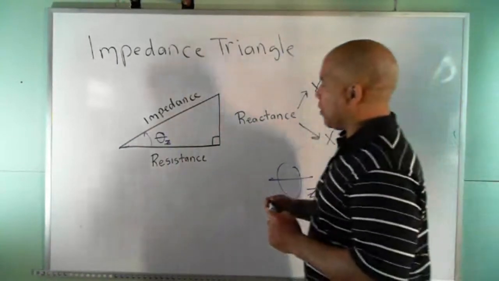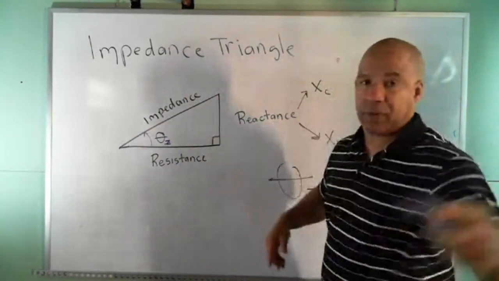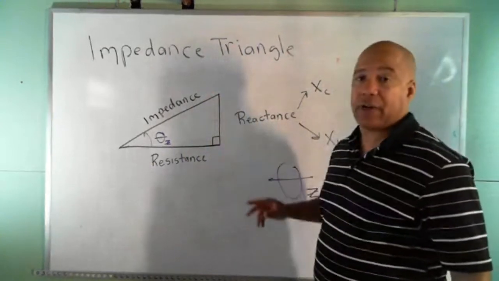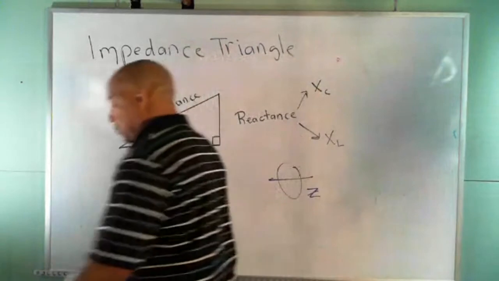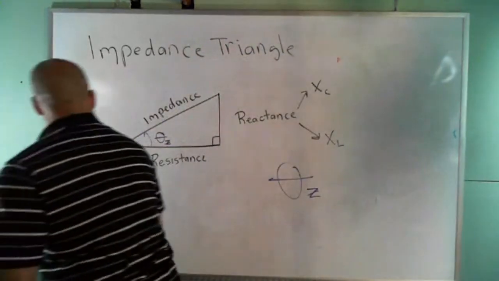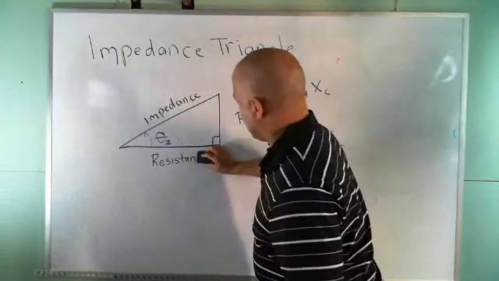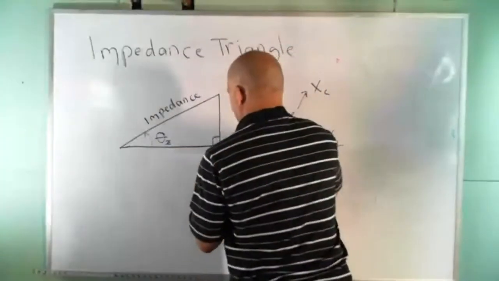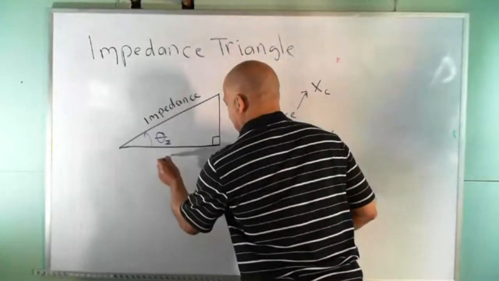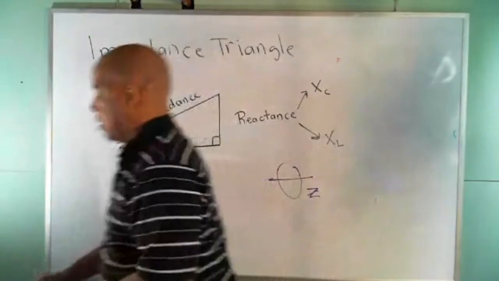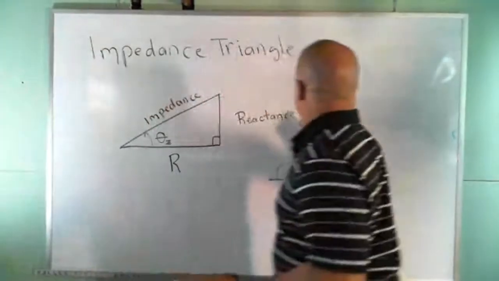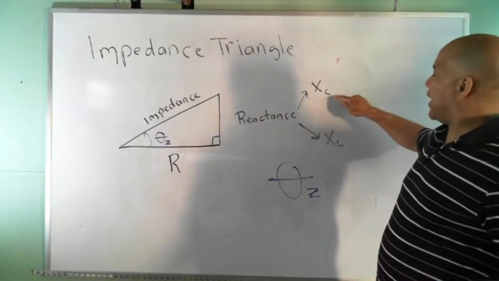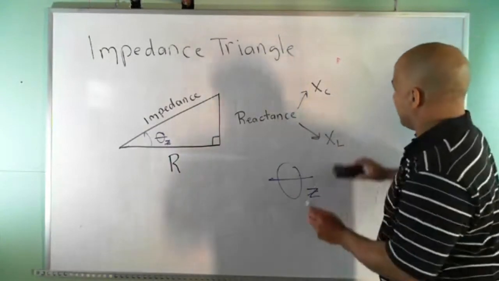So what I want to do is erase the words. You have this in your notes and you'll be able to watch the video. But I'm going to just put the letters here and then show you how they're related to each other. So for resistance, of course, we use an R. We use an X for reactance, and since we're talking about capacitive reactance, I'm going to use XC for now.